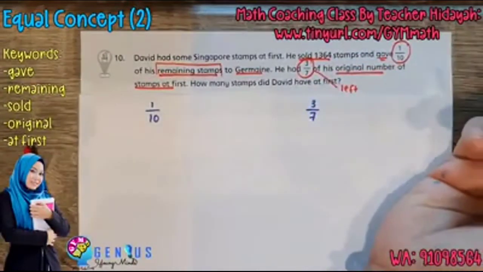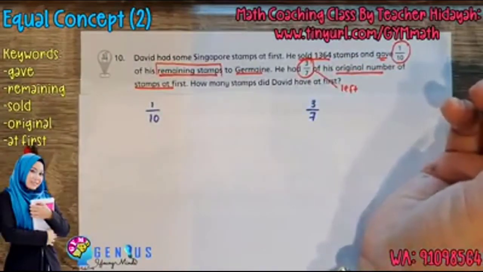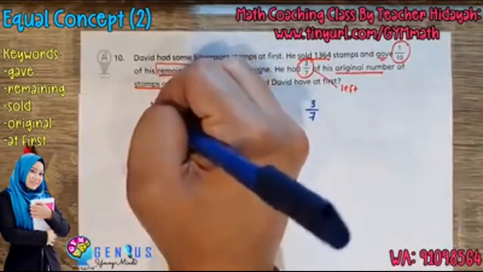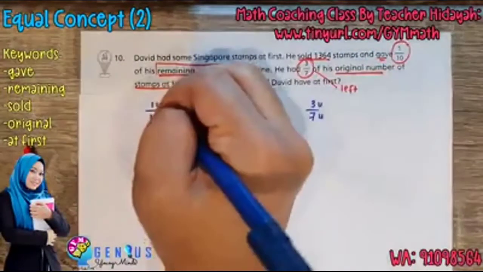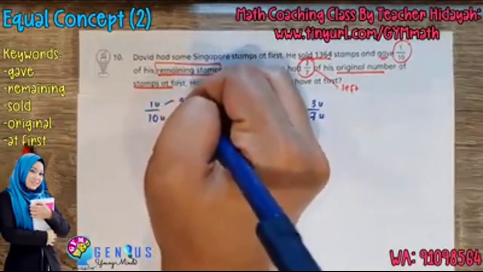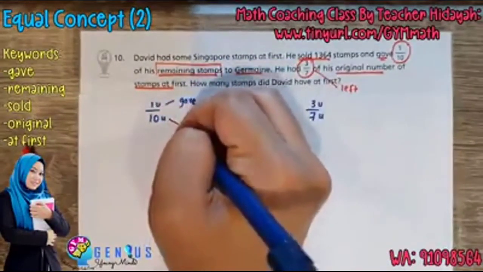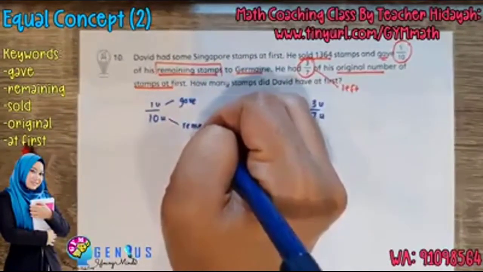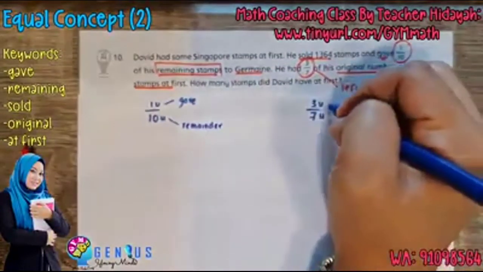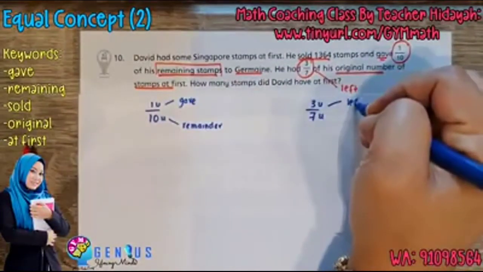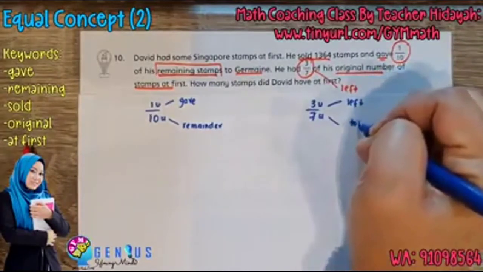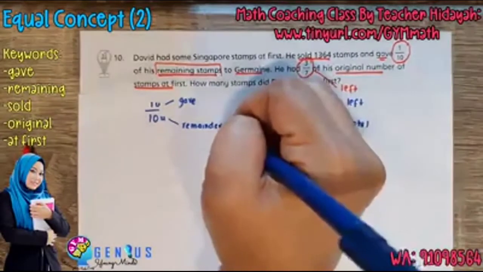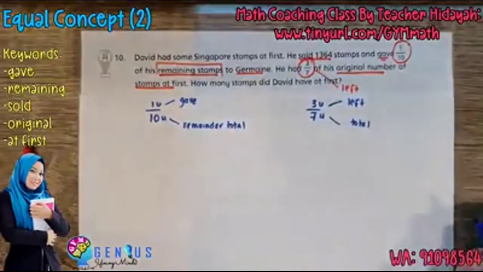For a fraction in its simplest form, it's really units form. So we write down units and units. This 1 unit is what he gave, and then this is your remainder total.